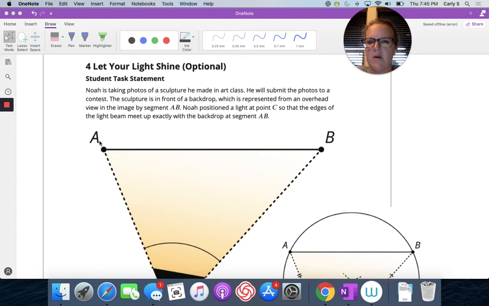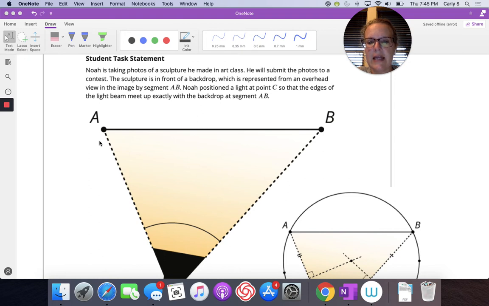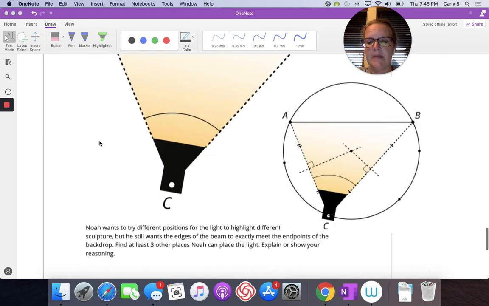Noah is taking photos of a sculpture he made in art class. He will submit the photos to a contest. The sculpture is in front of a backdrop, which is represented from an overhead view in the image by segment AB. Noah positioned a light at point P so the edges of the light beam meet up exactly with the backdrop of segment AB.